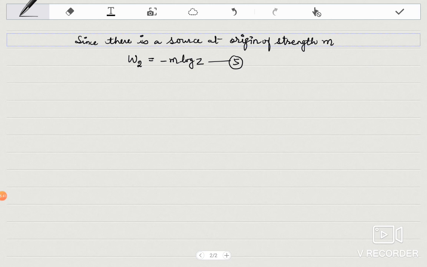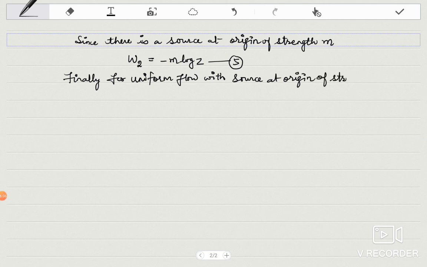As we know, in our flow problem there is a uniform flow as well as a source, so the method of superposition is applicable. Finally, for uniform flow with source at origin of strength m, 4 and 5 say that w is equal to w1 plus w2.